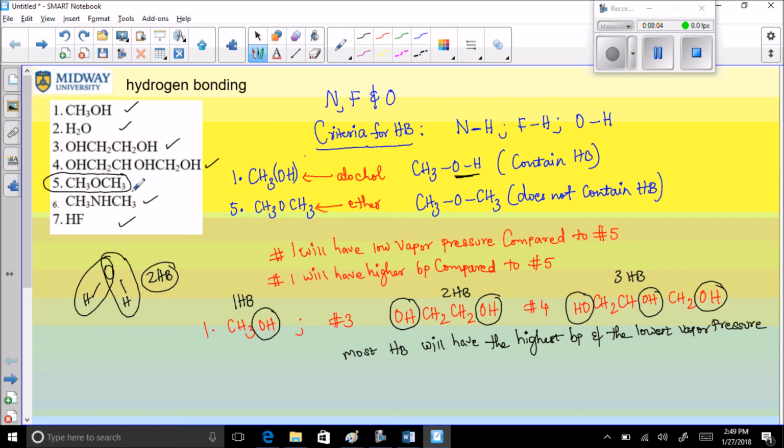Number 5 is the only molecule where a hydrogen is not directly attached to an oxygen. Instead, an oxygen is directly attached to a carbon in either of these cases. We write this this way, but technically this oxygen is not attached to the hydrogen, it's attached to the carbon. If I were to redraw this, it should have been written this way. So this hydrogen is not attached to an oxygen. People write both ways, and both are correct. But if it does have hydrogen bonding, you will see a hydrogen right next to an oxygen.